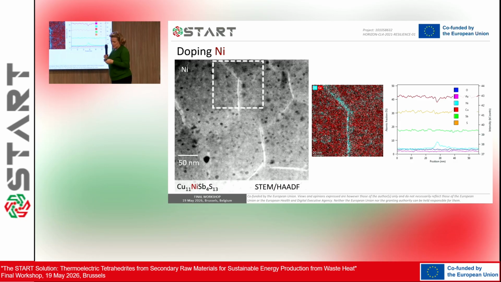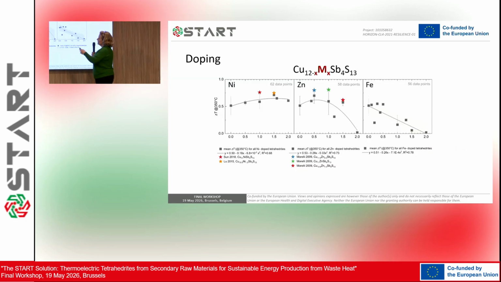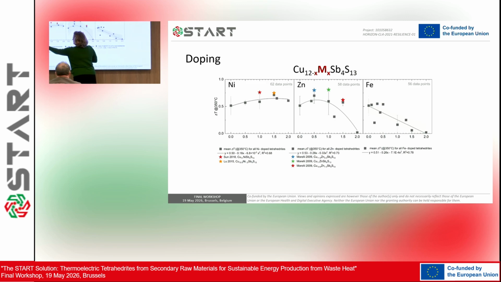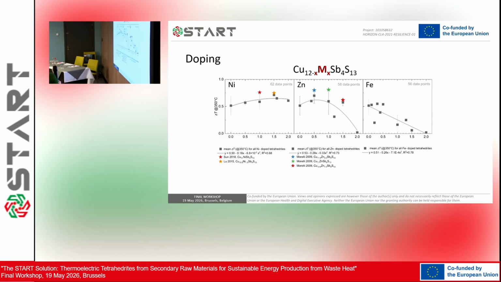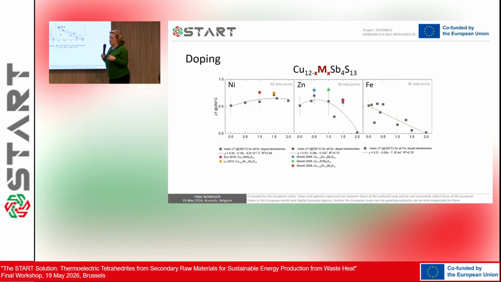So in fact, when we're saying that you can replace until 2 atoms of nickel, in fact, you can't, because with 1, you're adding nickel, but nickel is not in the structure. It's precipitating, it's getting out of the structure. So one of the points of this presentation is to tell you that if you don't observe the microstructure, you can't really conclude much from the data, because it can be whatever.